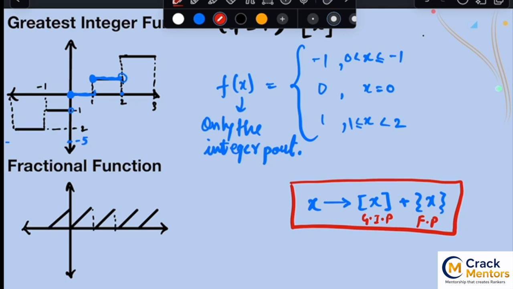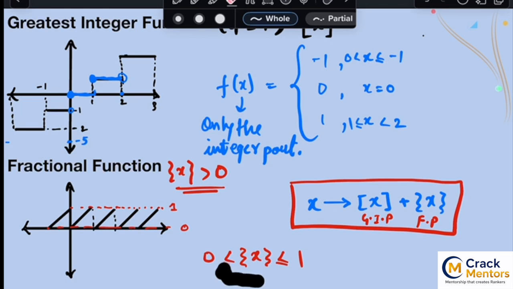One thing to notice is that the fractional part is always positive. It can never be negative. You can see in the graph also, it's never below the x-axis, it's always above the x-axis, and it's between 0 and 1. So the fractional part of x is always between 0 and 1. It will never take the value 0 and it will never take the value 1 either.